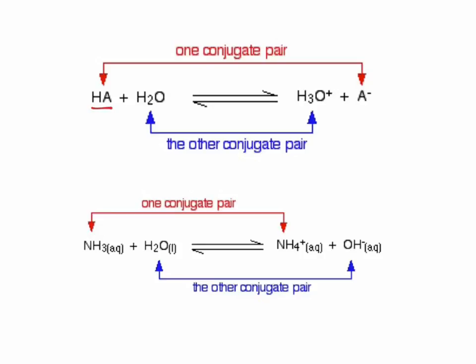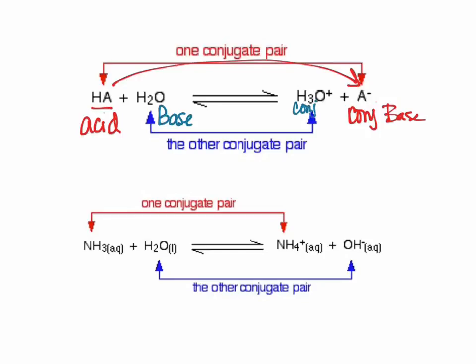The acid donates a proton, so it gave up a proton. We start out with the acid, and it becomes the conjugate base. The water here is the base, and it becomes a conjugate acid.